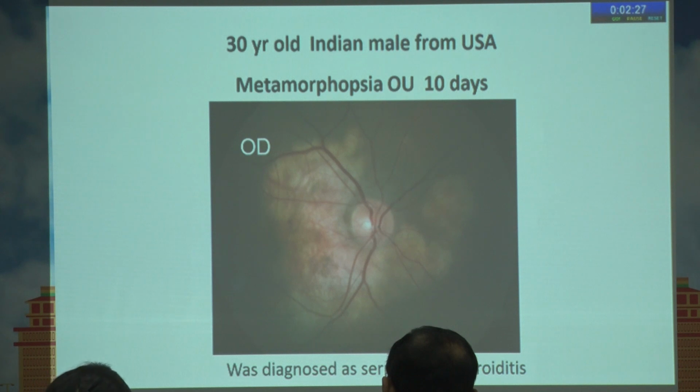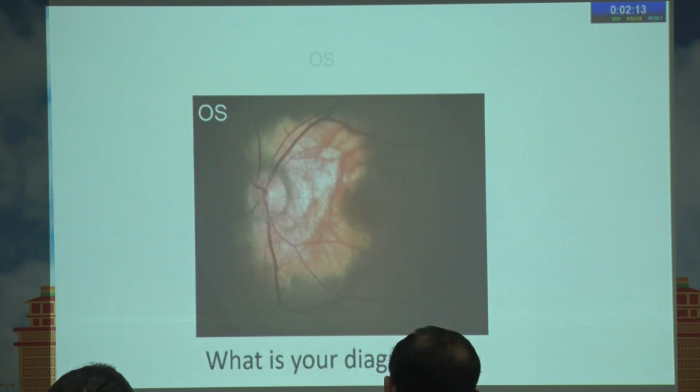Case 4 is also interesting. 30-year-old male came from USA, and they labeled it as a serpiginous choroiditis, with metamorphopsia in both eyes, and you might be thinking, okay, it has come from a bigger institute, so it's a serpiginous choroiditis. You look at the patient carefully, it doesn't really have a geographic border, and it is pinkish in color. So I suspected something wrong.